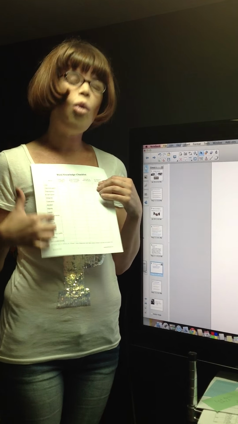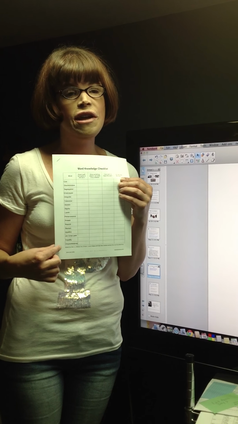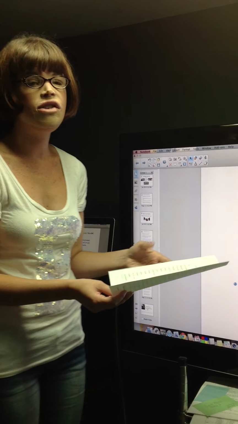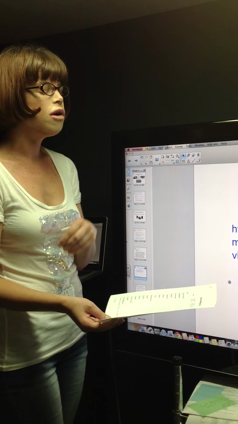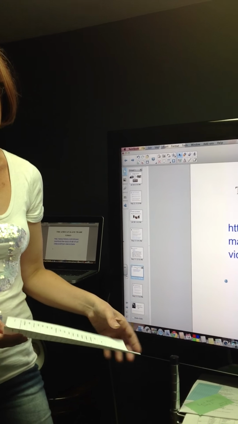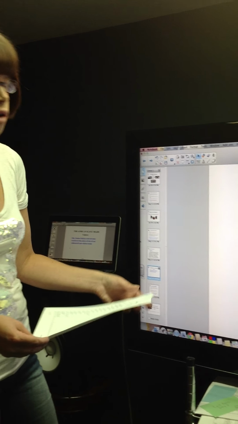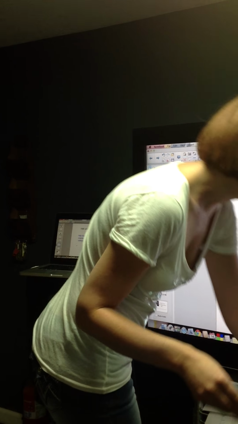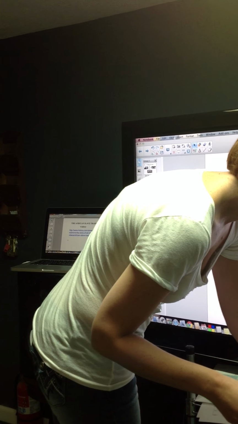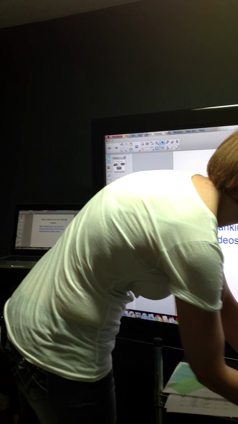This lists all the vocabulary words that are going to be in this unit. They're going to check off words they don't know and words they do know. For words they don't know, they're going to create those student-led vocabulary cards, along with the synonym webs, so they can get familiar with the unit's vocabulary.